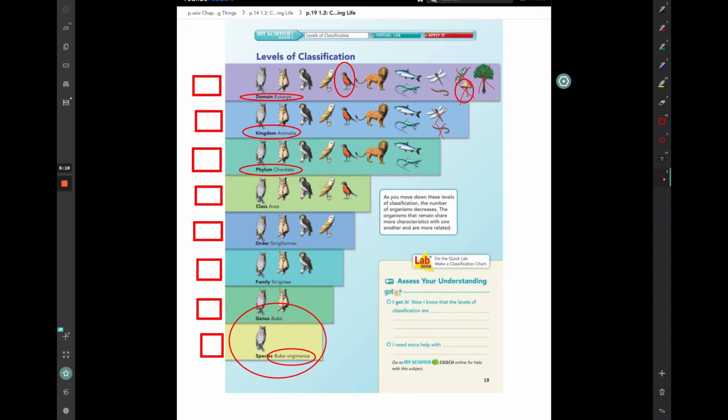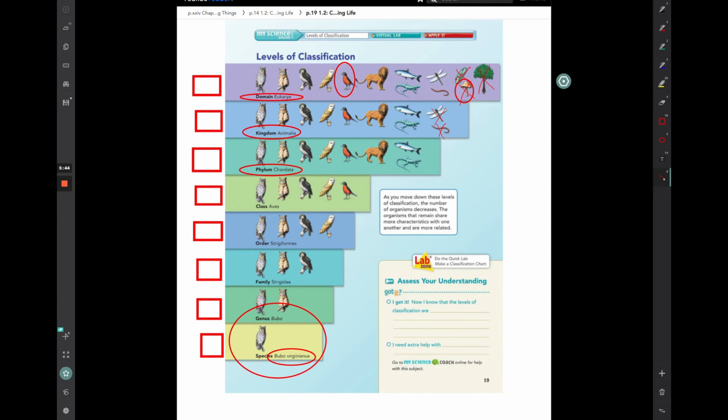But by grouping these out and basing things on similarities, we eventually get down to this can only be one person who sits in that seat during that hour at that table in my classroom at Woodrow Wilson, a middle school in Vigo County School Corporation. So that's how we use these levels of classification.